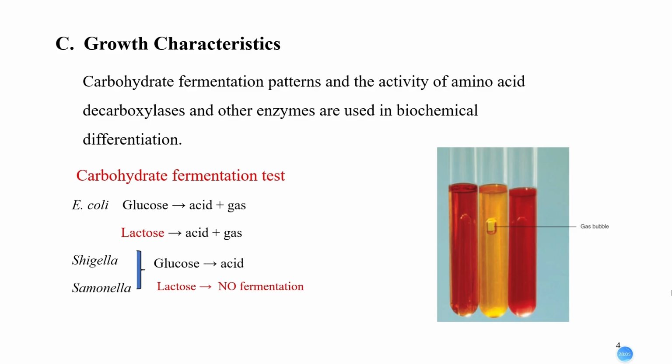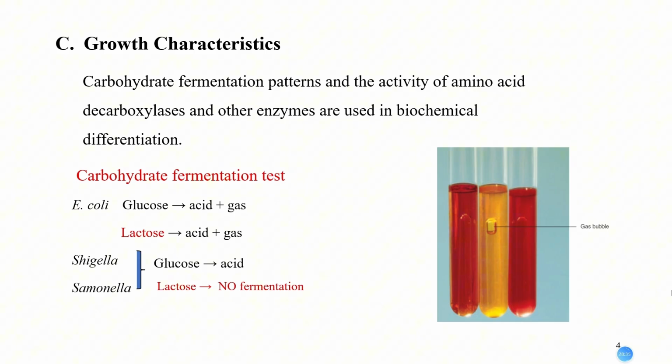And if there is gas production, no matter what gas it is, the small tube would collect the gas. So you would find a gas bubble in it. So this bubble means there is gas production. While for Shigella and Salmonella, when they ferment glucose, they can only produce acid.